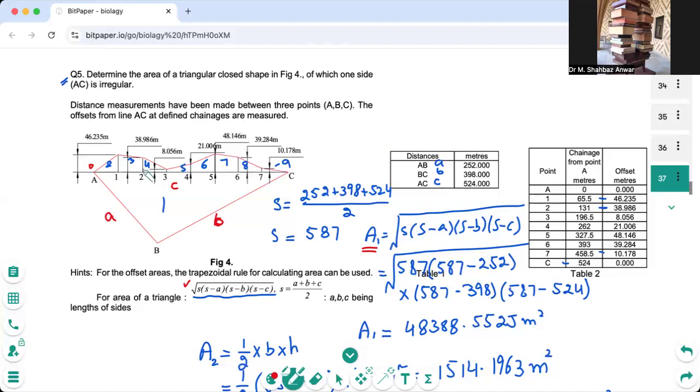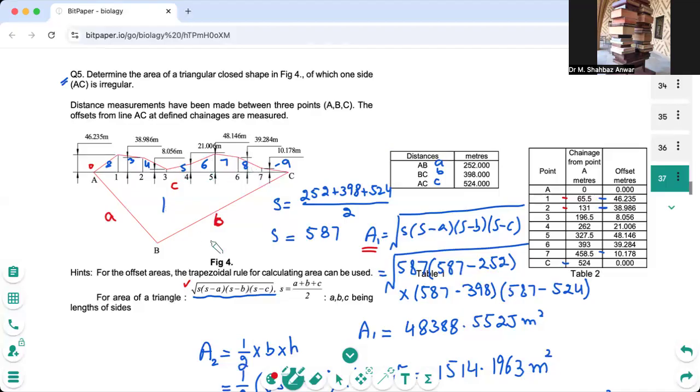That will be the average height times the distance between point 2 and point 1, which you calculate from the point 2 value take away the point 1 value. In this way, you can calculate the area of trapezium 3, 4, 5, 6, 7, 8 as well.